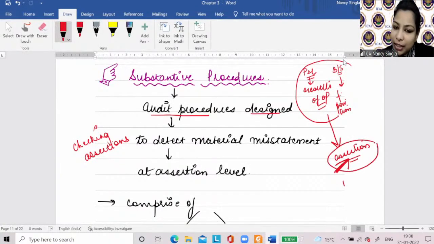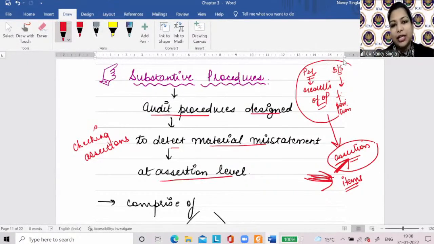For now, just try to understand that each and every item that has been given in the financial statement by the management is an assertion. So the auditor will perform his audit procedures in order to check whether these items of the financial statement are not materially misstated. So I can say substantive procedures are audit procedures designed to detect a material misstatement at assertion level.